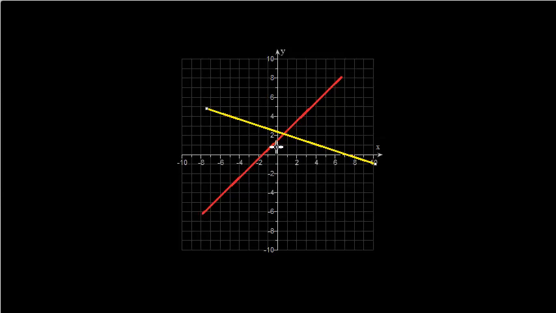But the point where they meet, right at that intersection, that point is a solution to both equations. So a system of linear equations, what that means is I'm taking two equations and I'm finding a solution that works for both. So we can use graphing to help us find the solution that works for both equations.